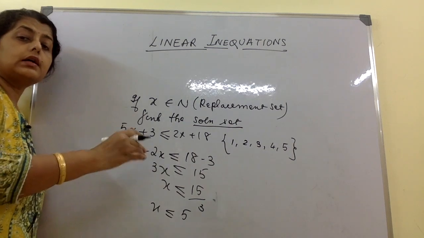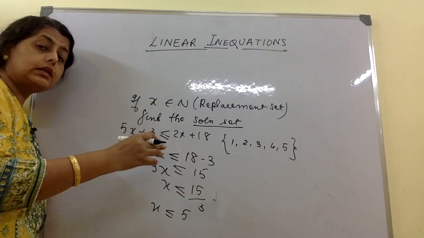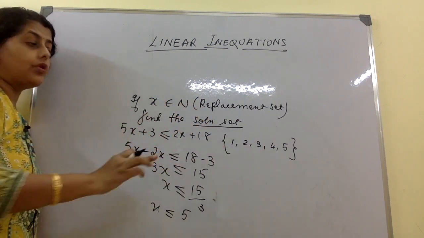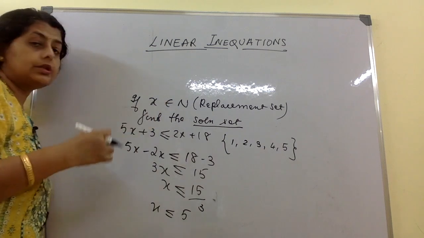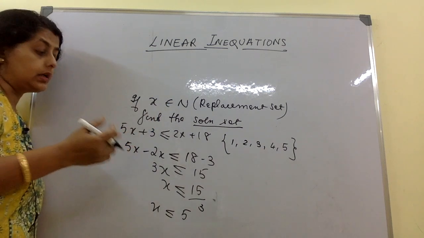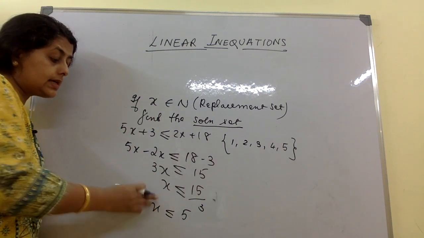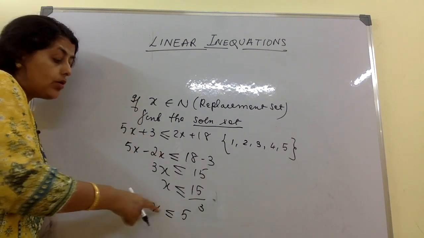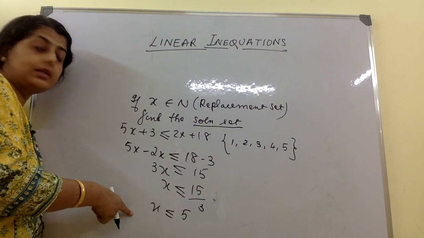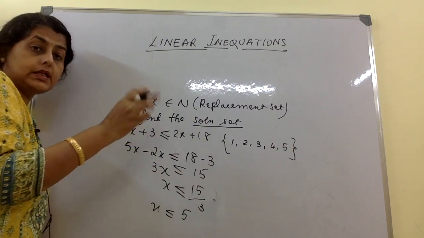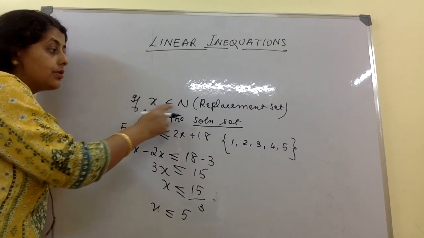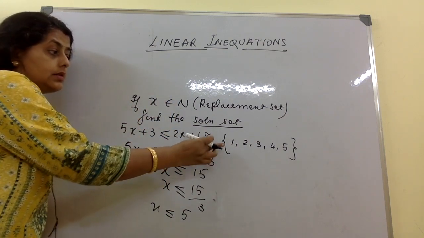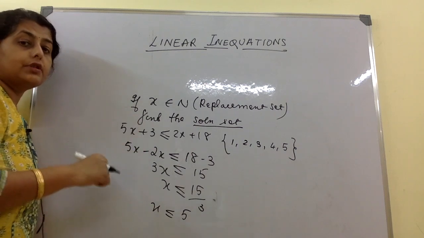These are the solutions for x belongs to the natural numbers replacement set. Why? Because x can take any value either equal to 5 because of this line, or less than 5. But we can't take negatives, we can't even take 0, because here x belongs to only natural numbers. Therefore, this is our solution set for this question.